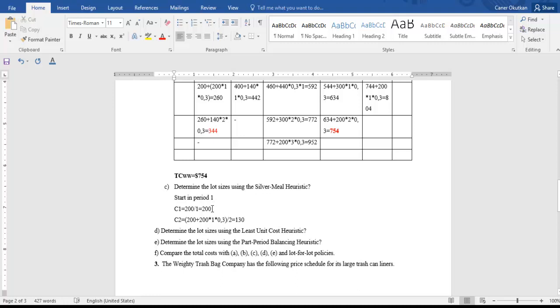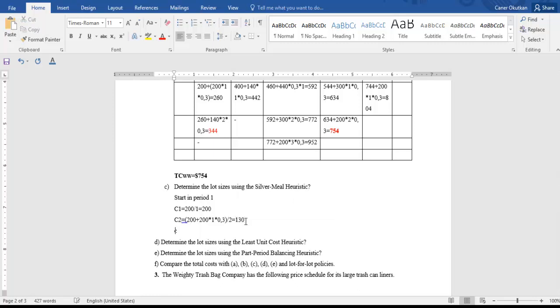So in this Silver-Meal heuristic model, we have to find cost results. In cost 1, 200, in cost 2, 130. So the cost is decrease. We continue.